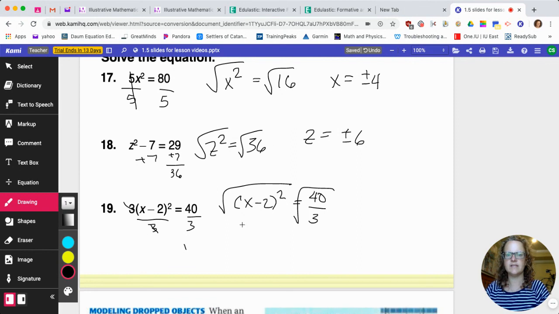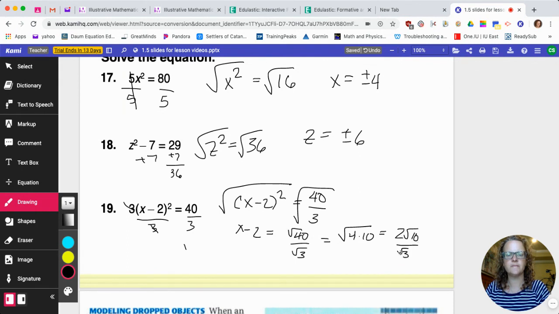Square root both sides. X minus 2 equals square root 40 over square root 3. I have to simplify it. 4 times 10. 2 root 10 over root 3. I'm already out of space.